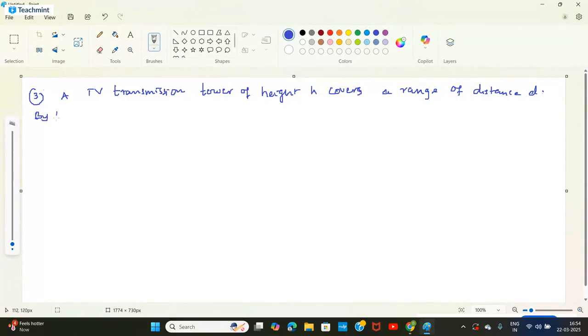By how much will be the range change if the height is increased to 3 by 2 h.